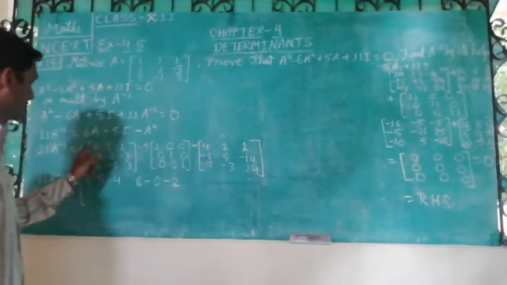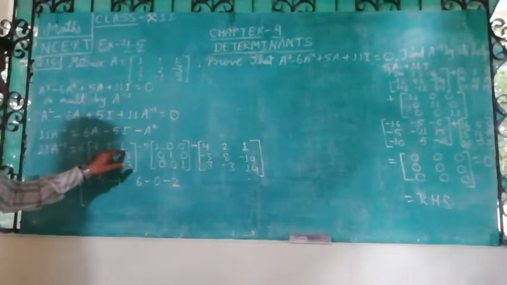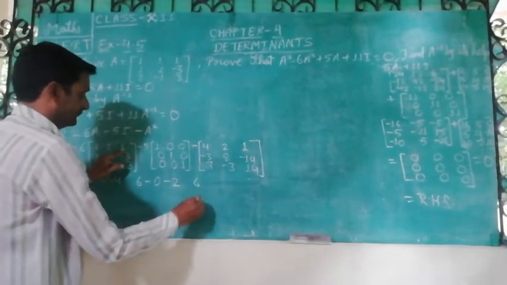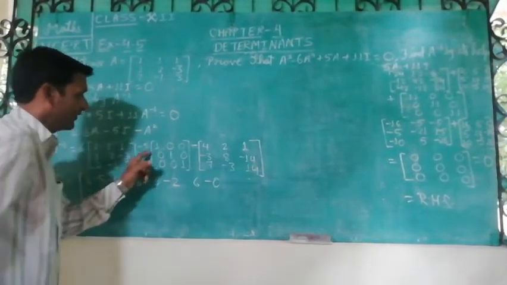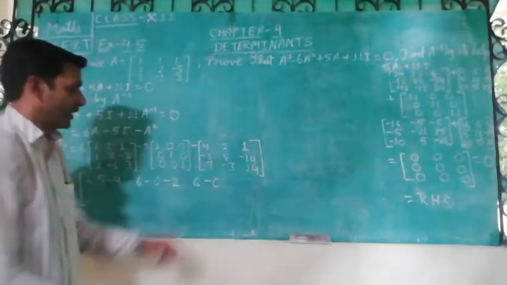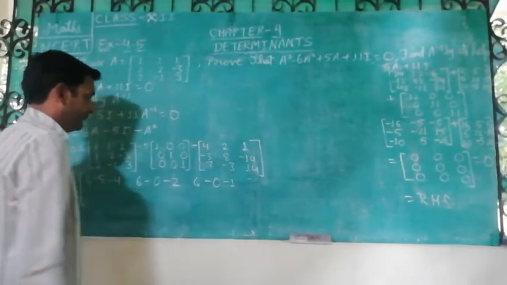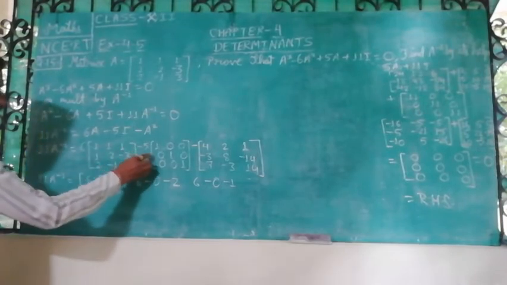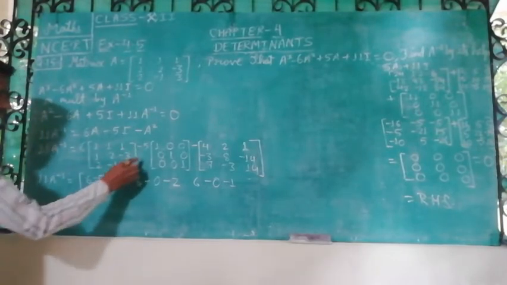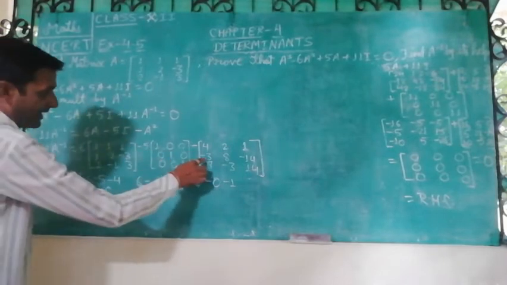Minus 2. Now third element, 6 ones are 6, minus 0, because 5 into 0 is 0, minus 1. Now 6 ones are 6, minus 0, 5 into 0 is 0, and then minus minus plus 3.